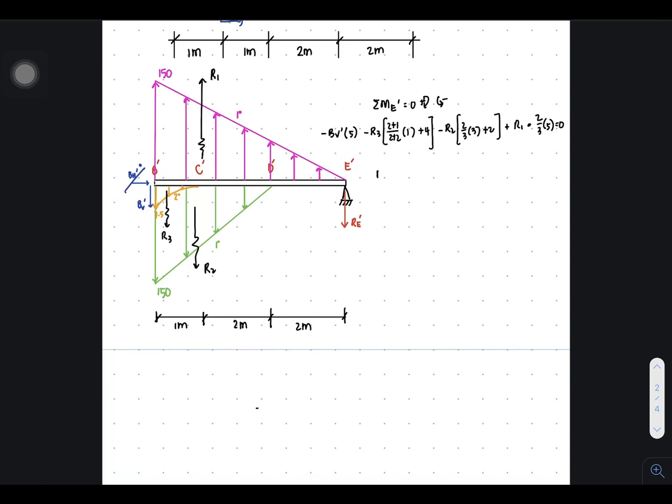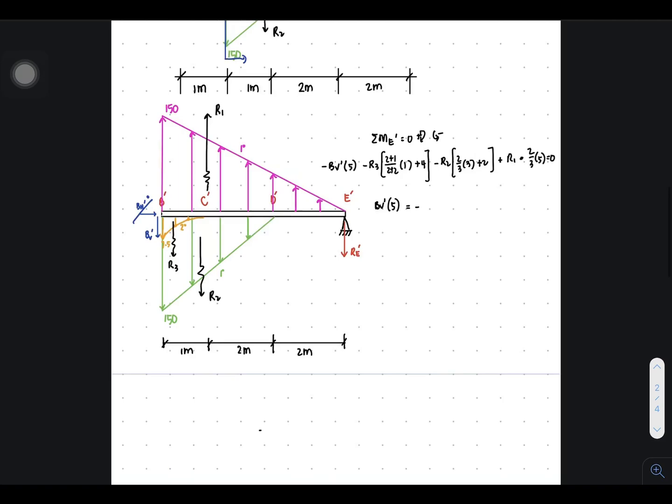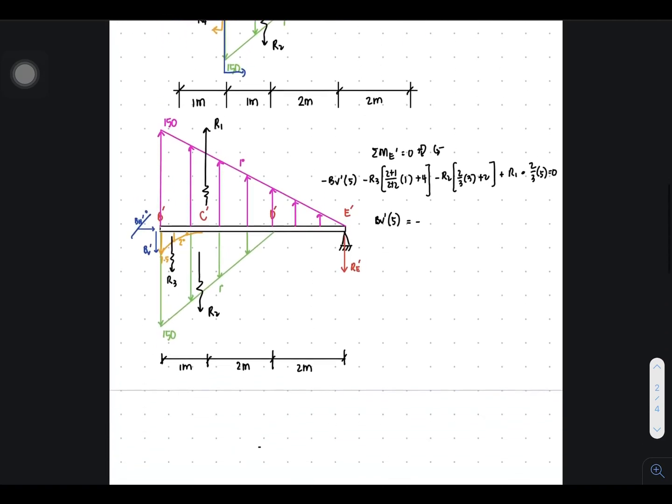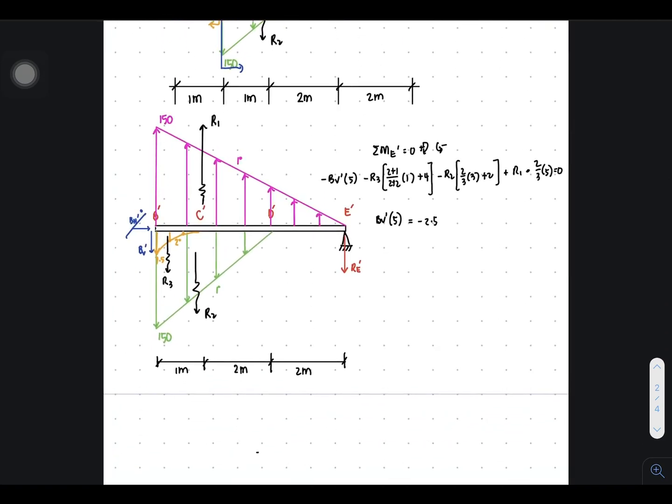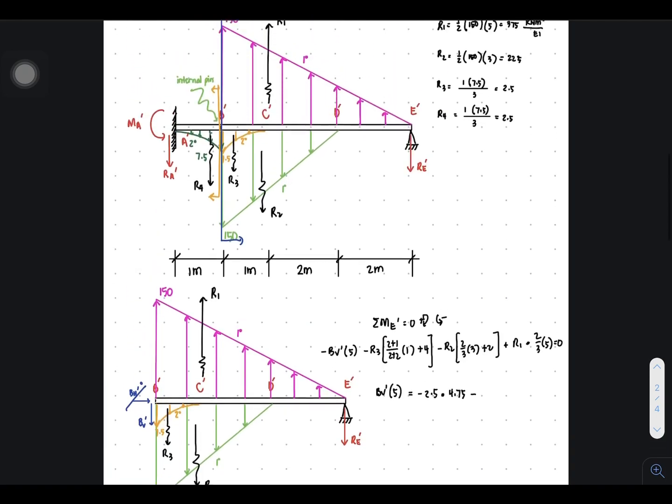So basically, we're going to move this to the other side, transpose that to the other side. It will become BV prime times 5 equal to negative R3. So R3 is 2.5 times, that's 2 plus 1, 3. 3 over 4 plus 4. So it's 4.75. And then minus R2.